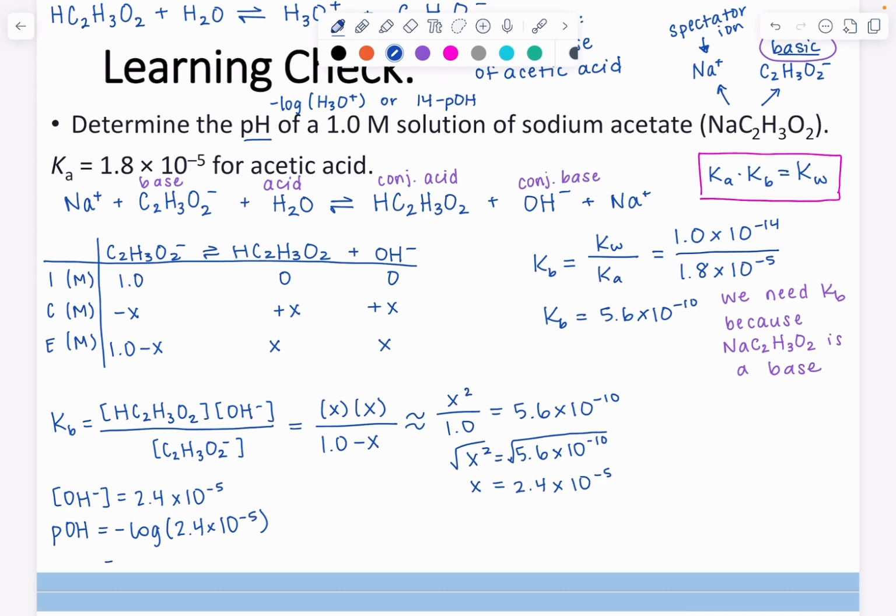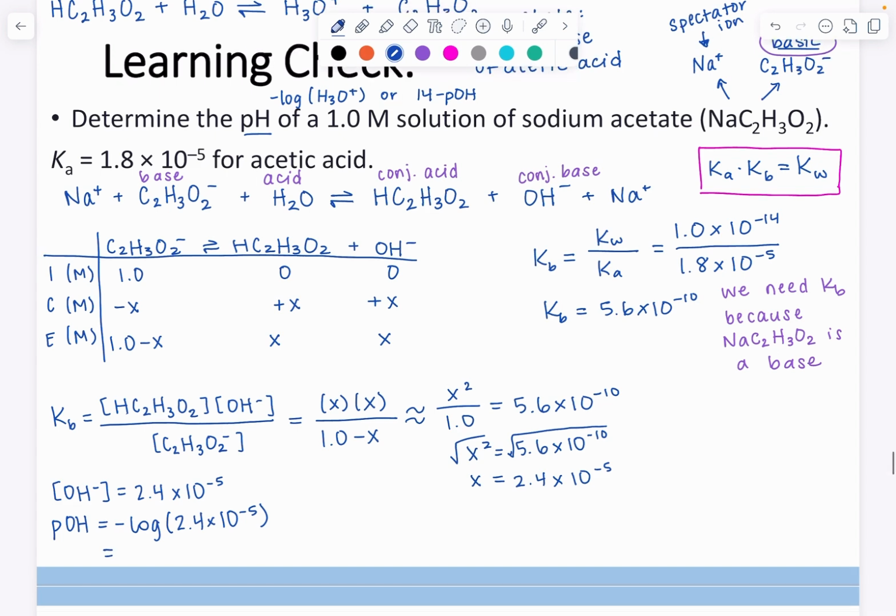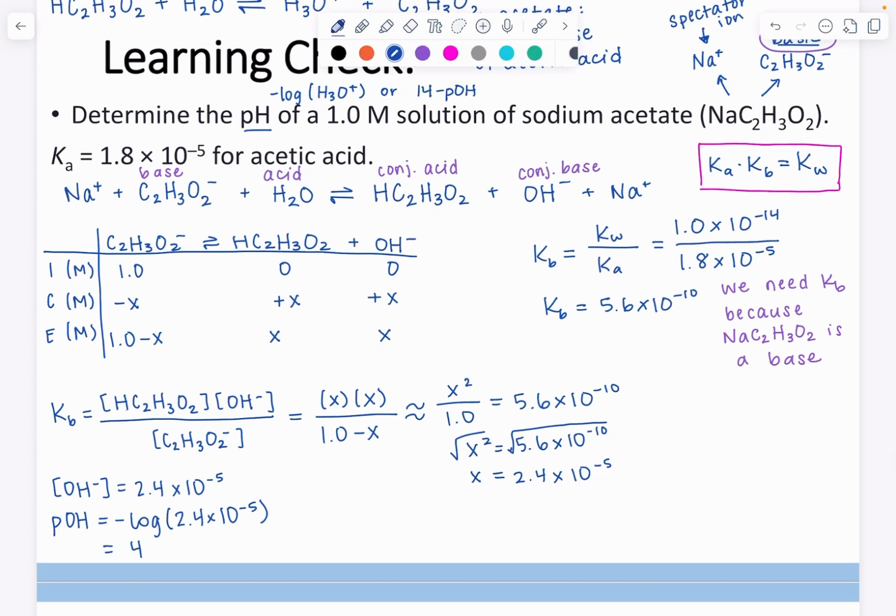And this is 4.63. I'm just going to draw a line here to help guide where we're looking. So pH is 14 minus pOH.